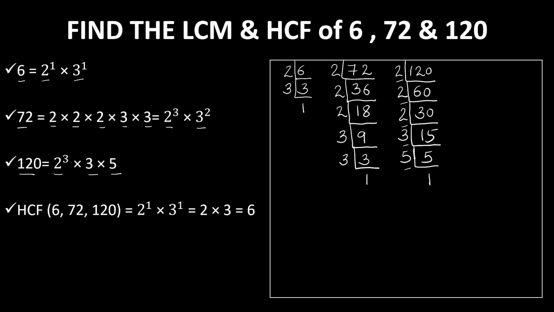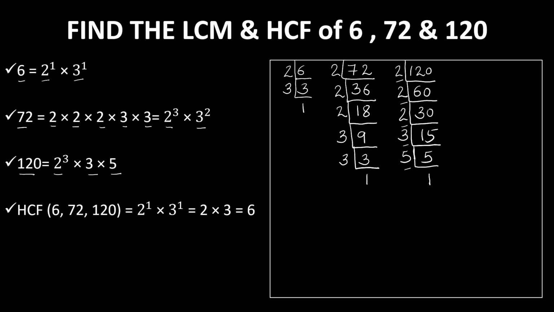Now the HCF of these three numbers 6, 72 and 120: we will be writing down the prime factors first of all. Here we could observe that while doing the prime factorization of 6, we are not having 5 at all. Similarly, in 72 also we are not having 5 at all. In 120, we are having one 5. So in the HCF, we will not include 5 because 5 is not a common factor of these three numbers together.